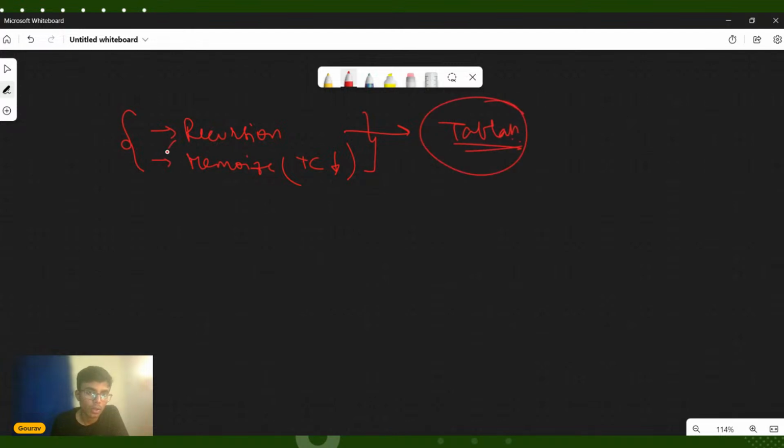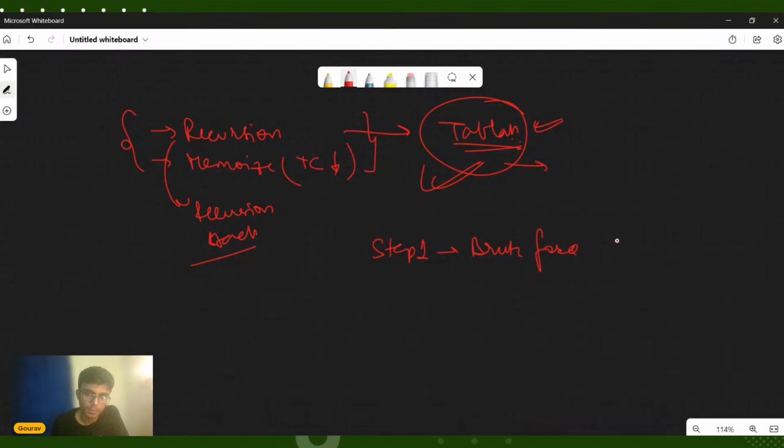So recursion takes recursion stack space, and tabulation doesn't require any extra recursion stack space in the computer memory. So this is a slightly space-optimized version. These are the two types of dynamic programming. Whenever you have a problem and you are required to write a dynamic programming solution, the first step would be to write a brute force recursion.